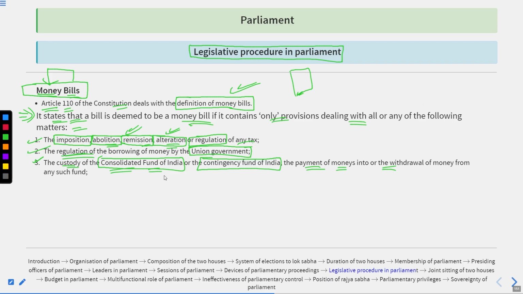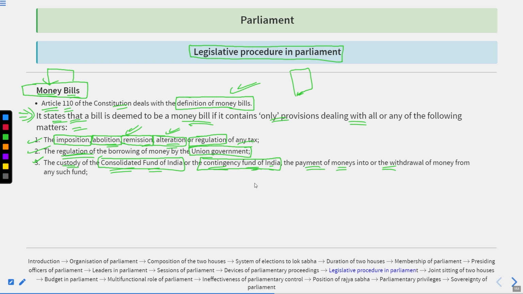Got it? Whereas the Contingency Fund of India is like a savings account, like you have in your family and all. You have a separate account where you save your money. On a regular basis, you deposit some money in that particular account so that whenever there is some emergency situation in front of you, you could use that amount, right? Similar thing is the Contingency Fund of India.